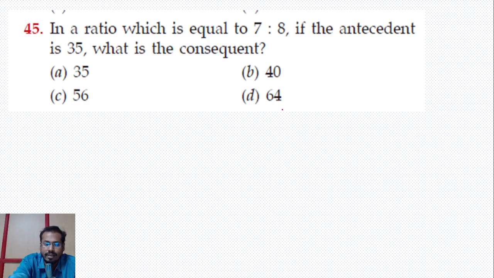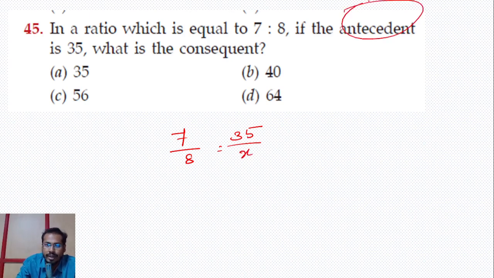Next question. In the ratio which is equal to 7 is to 8, if the antecedent is 35, what is the consequent? So here 7 by 8. If the antecedent is 35, that means this numerator is 35, then consequent is what?